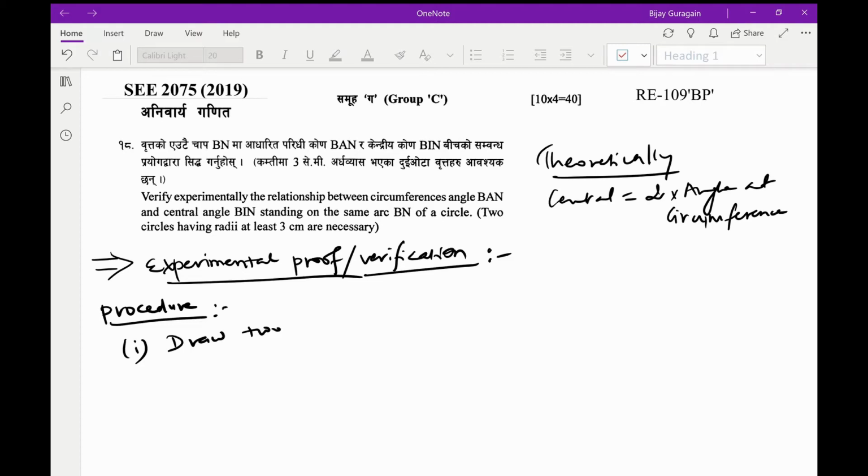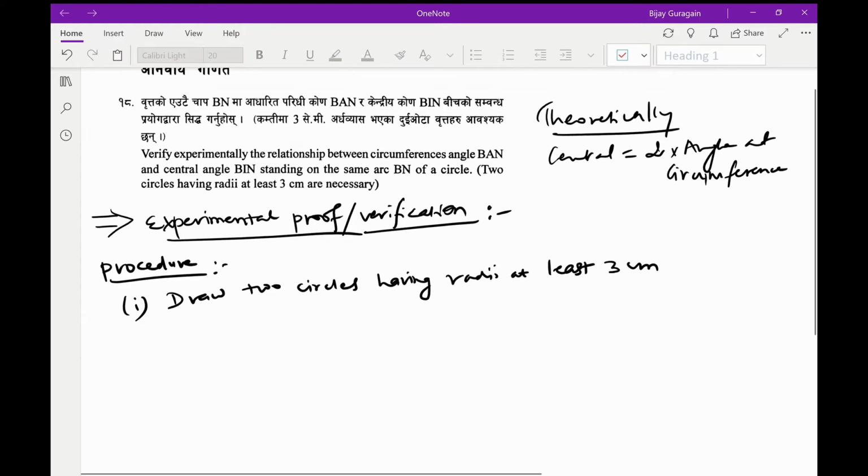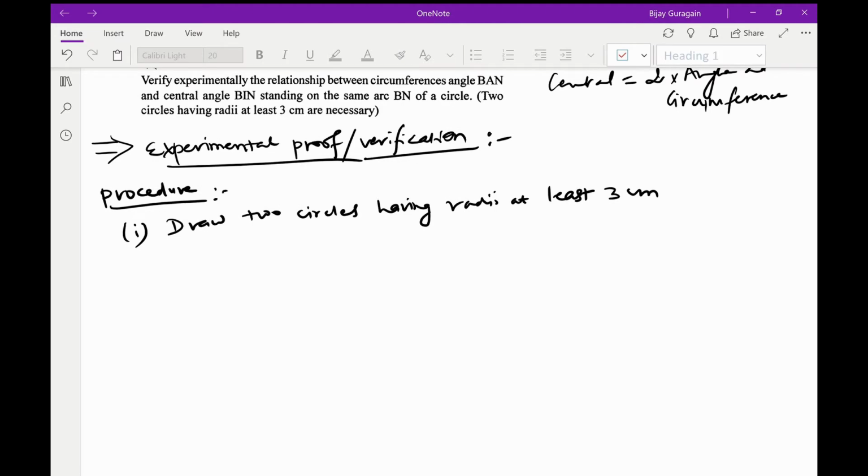Draw two circles having radii at least 3 centimeter. So you have to draw the two circles using your compass. If this is your center, you have to take a length of minimum 3 centimeter.